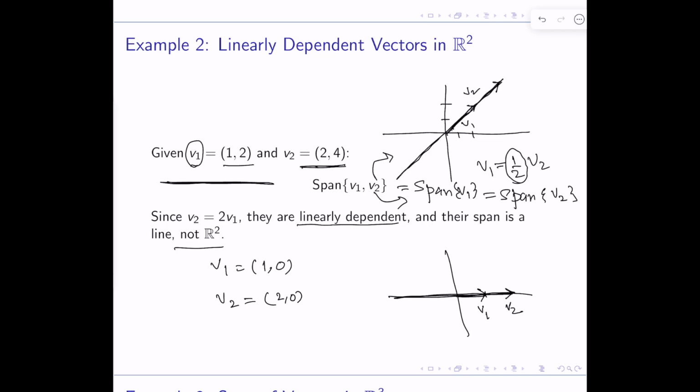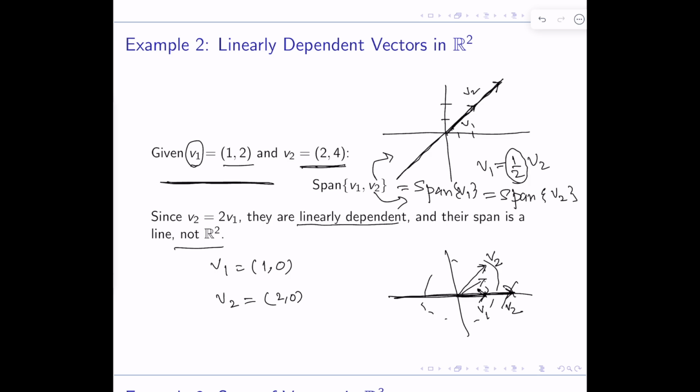Okay. If I give you a vector which is different from this direction, V1 is this, and let's say V2 is this, then I can use the parallelogram law to generate new V3, V4, and so on, and then the entire space can be generated.